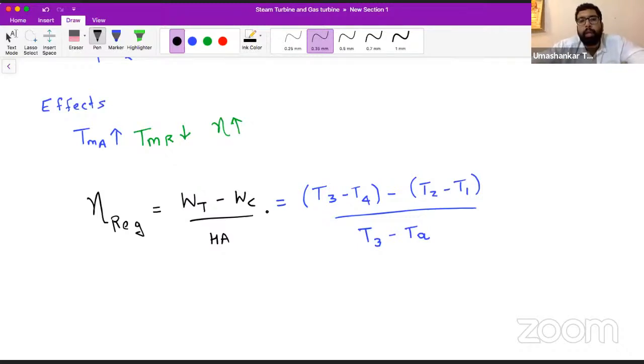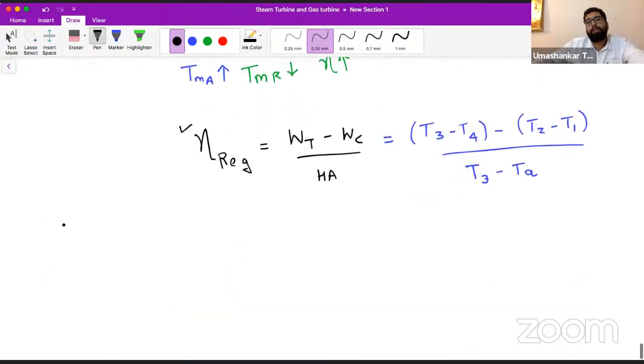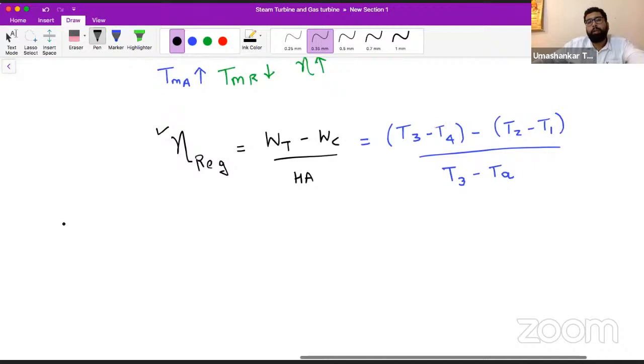Now, to find the efficiency, we can make a formula here also, but that is not required. You can do it by your basic concepts. In order to find the efficiency with regeneration, you realize we require this value of TA.